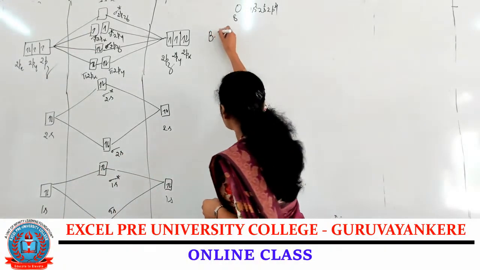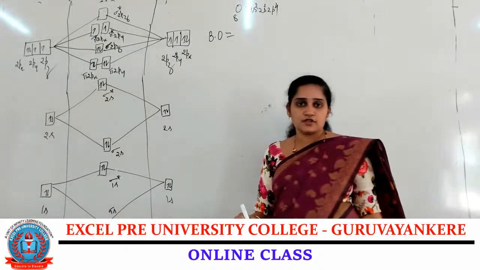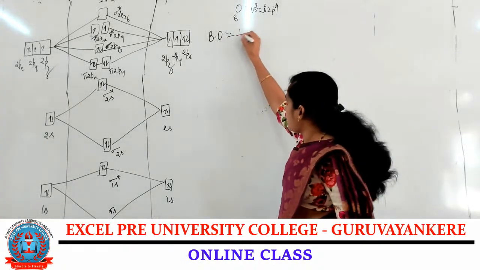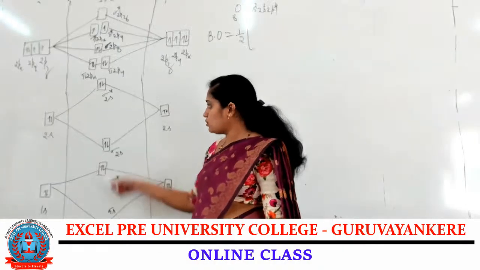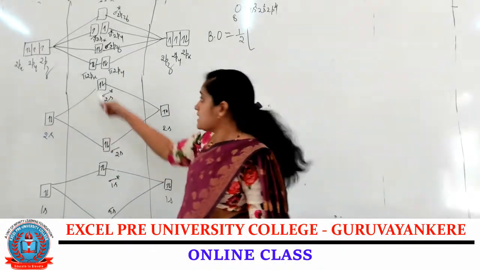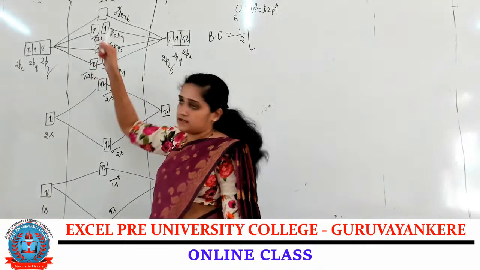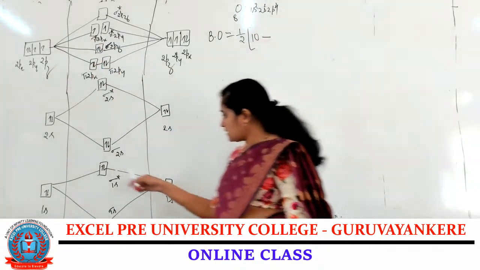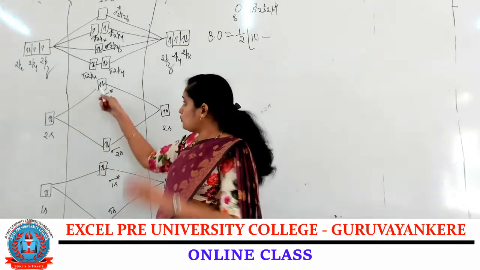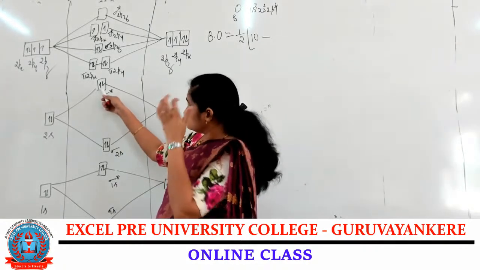Now, if you calculate the bond order, half into the number of electrons: 2, 4, 6, 8, 10, isn't it? 10 minus 2, 4, 5.